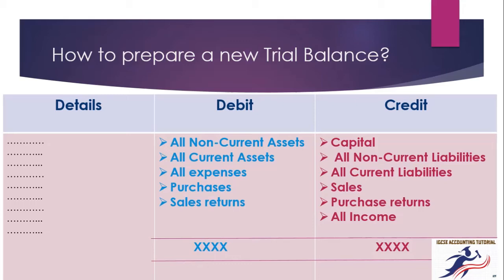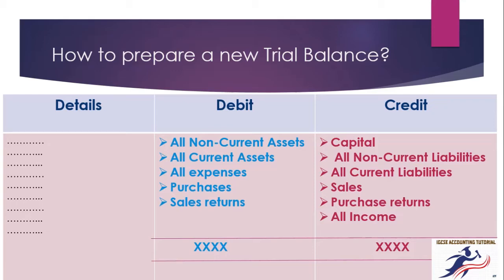On the debit side, you can start with all non-current assets, then current assets, all expenses, purchases, sales returns. I'm going to explain what the non-current assets, current assets and expenses are, and give you clear identifications and clarifications.